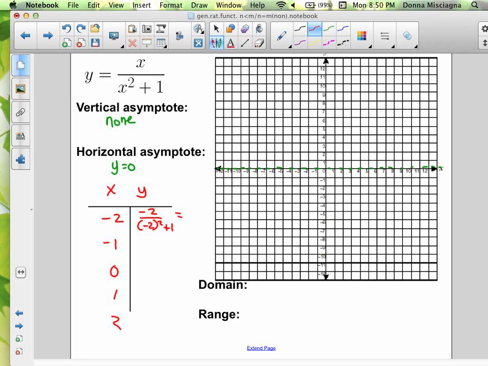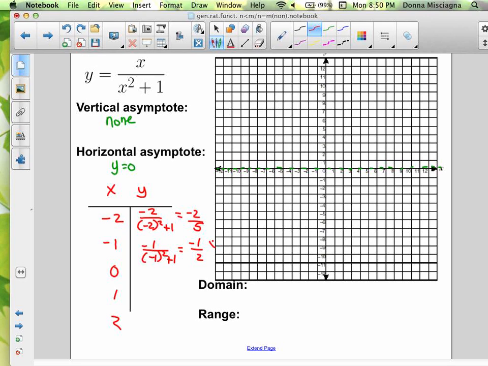That's going to be -2 over 4 plus 1, so that's -2 fifths. And then we have -1 divided by -1 squared plus 1. -1 squared is 1. 1 plus 1 is 2, so -1/2.